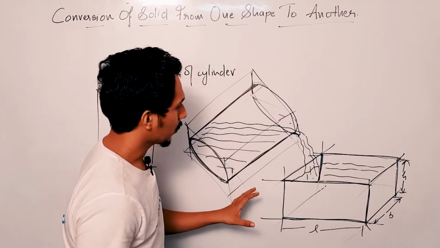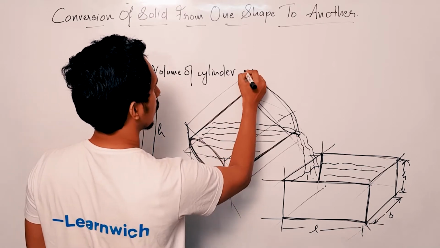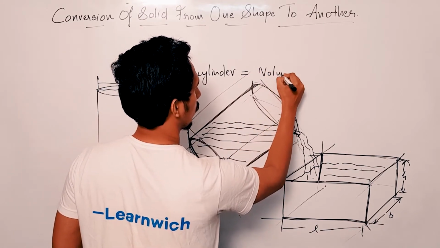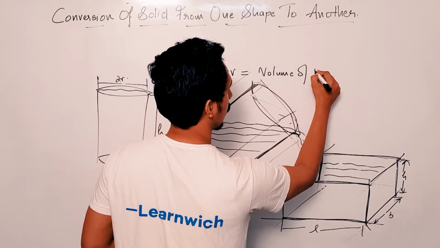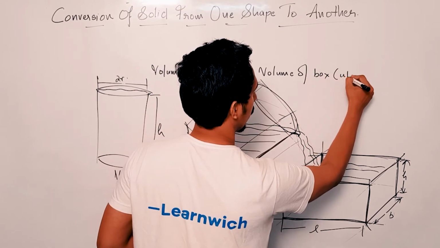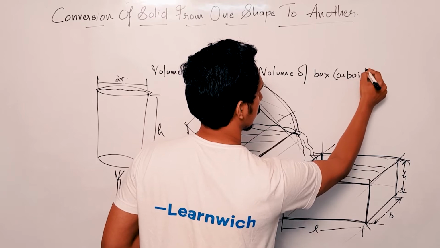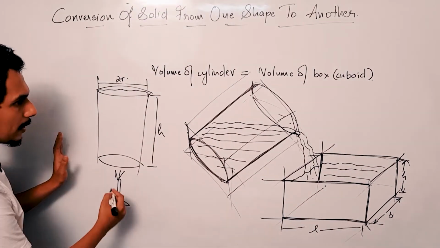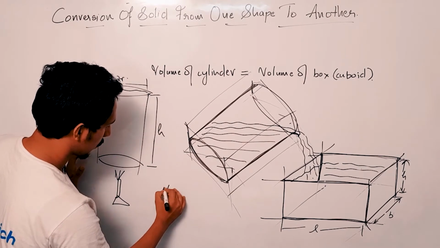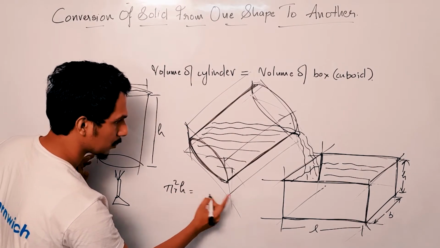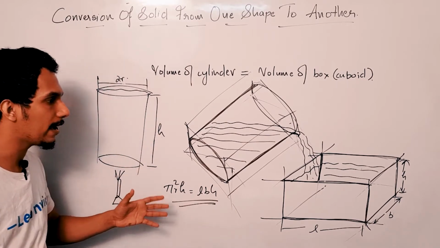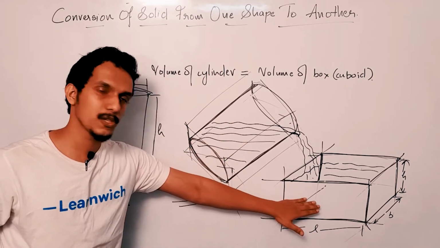So can I say the volume of this cylinder is equal to the volume of the cuboid? It's possible, no? So volume of cylinder, pi r square h, is equal to L into B into H. This is how I have converted this shape into this one.